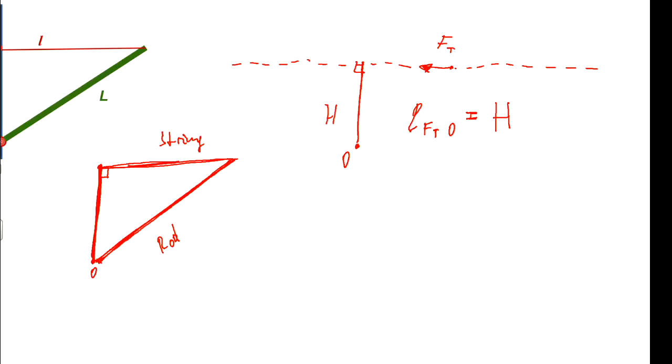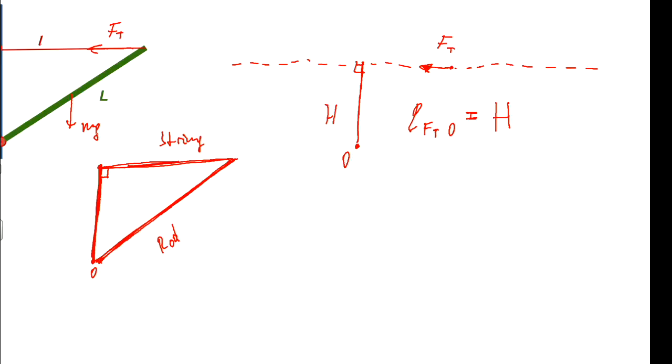Okay, now what about the contact force? Does it exist here? Does it act on the rod? The contact force. You have to show all forces. There is a force of tension. There is force of gravity acting on the rod. And the contact force, where does it act? At which point? From what to what?